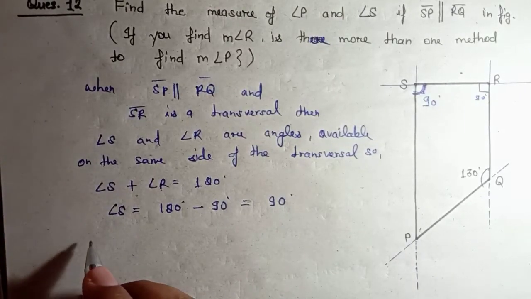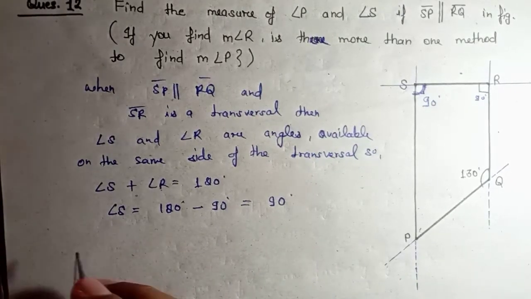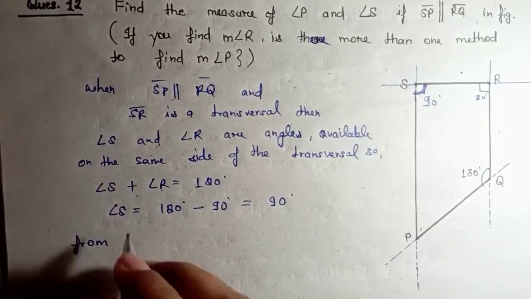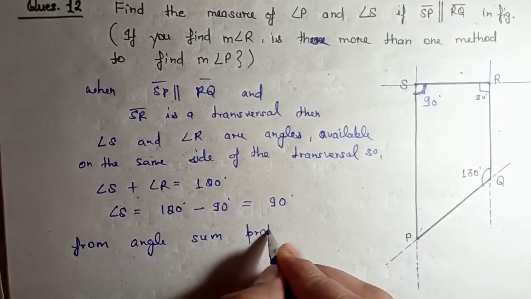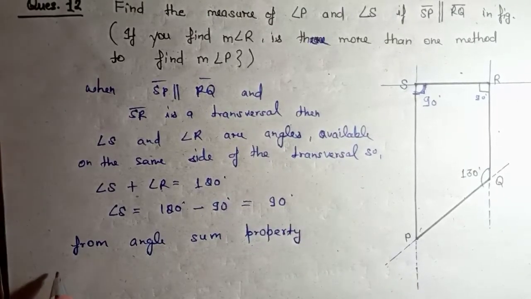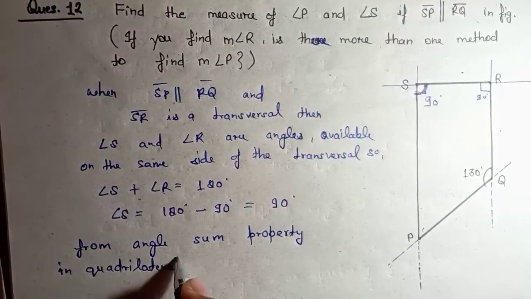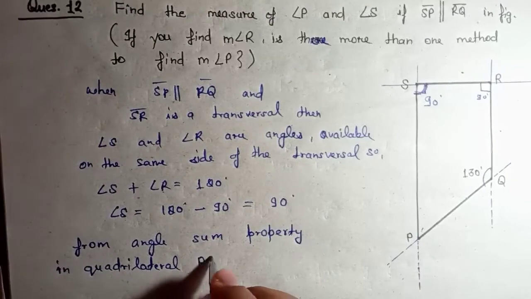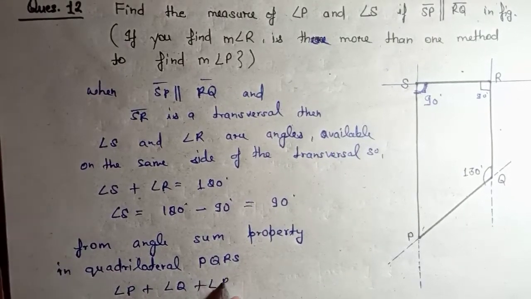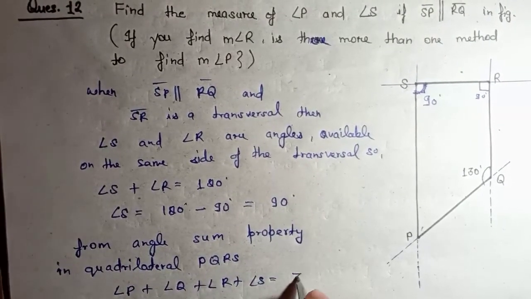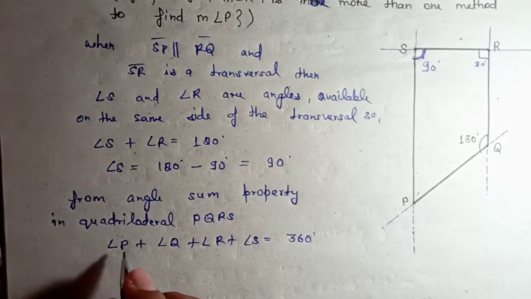So use here again the previous method. Now apply another, from angle sum property, we have in quadrilateral PQRS, angle P plus angle Q plus angle R plus angle S is equal to 360 degree, because these are the interior angles and they give the sum 360 degree, and only P is unknown.